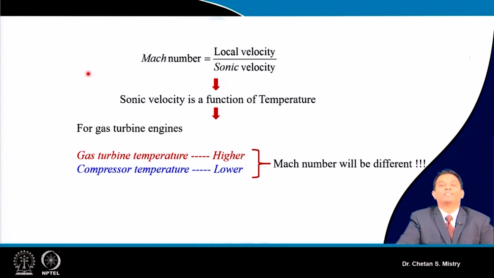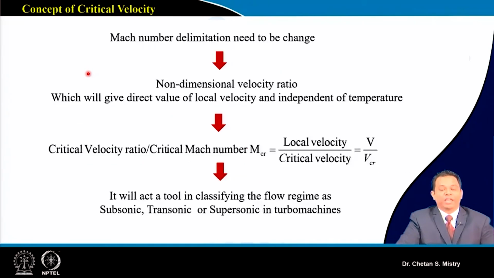We need to address this issue when designing axial flow compressors as well as axial flow turbines. How do we address it? The Mach number needs to be considered differently from the conventional definition.